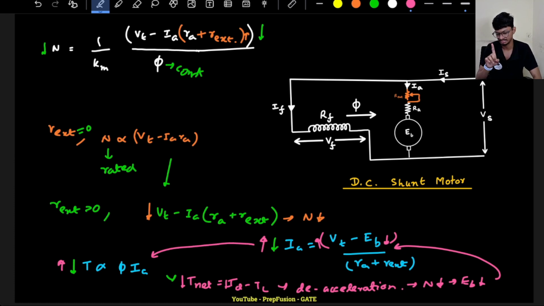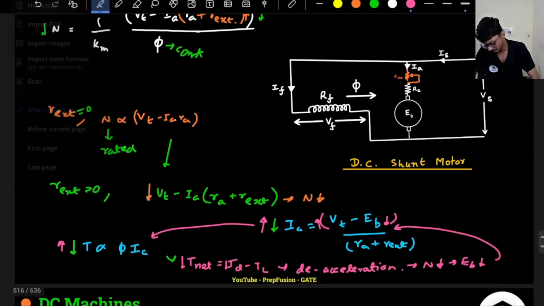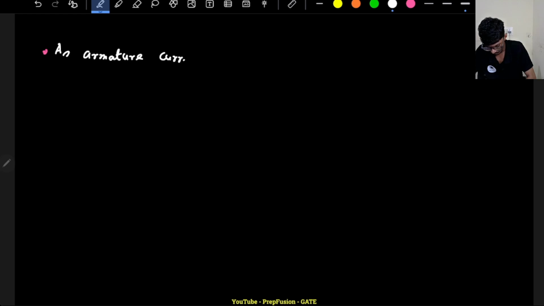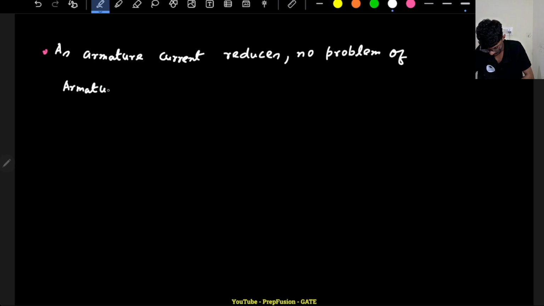So there is no problem of armature reaction here. I can write here: armature current reduces, no problem of armature reaction.